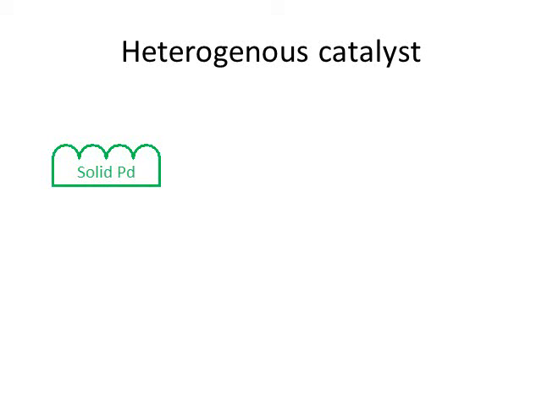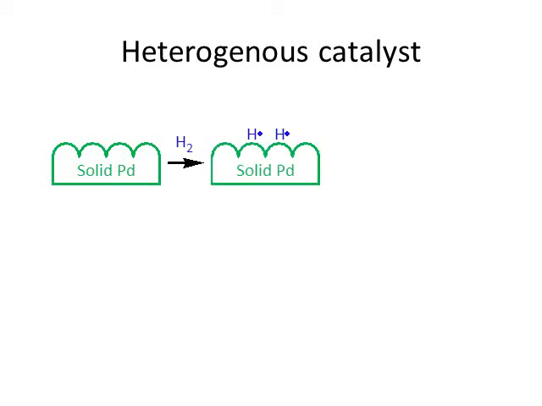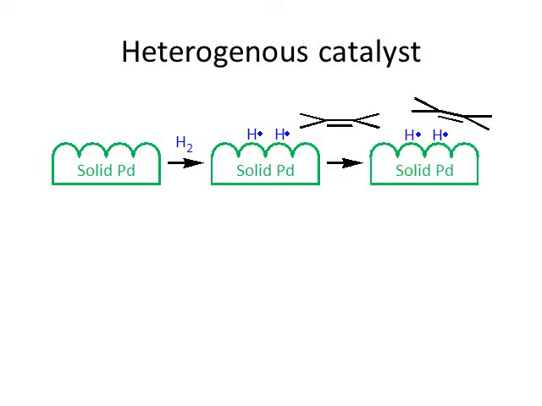Okay, so let's imagine a chunk of solid palladium. And when that interacts with hydrogen gas, that will encourage the dissociation of hydrogen atoms to make things that I'm going to treat as essentially hydrogen radicals coating the surface of that solid palladium. Okay, so this is a bit of a simplification, but let's treat it like hydrogen radicals sitting on that surface.